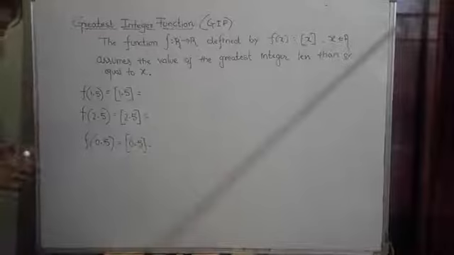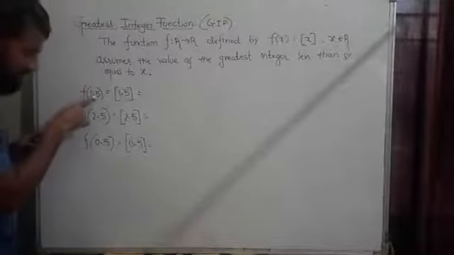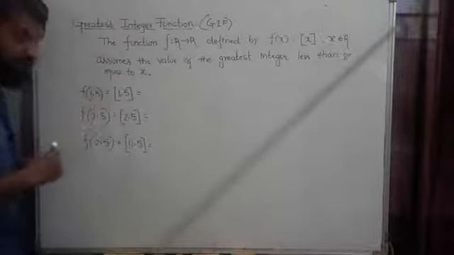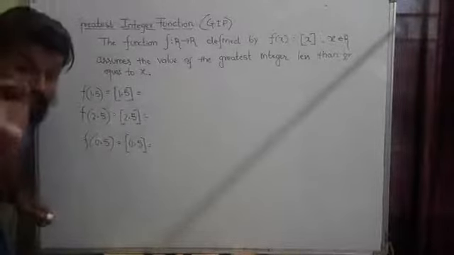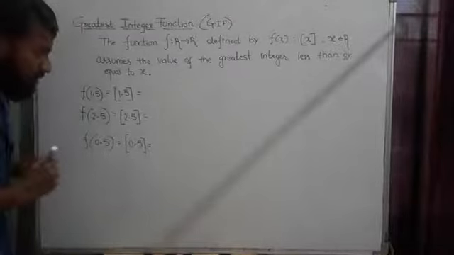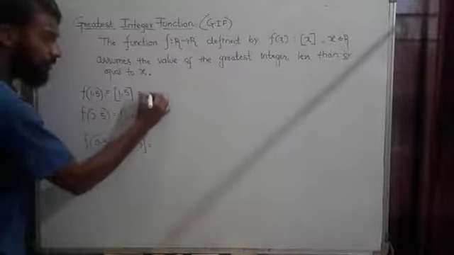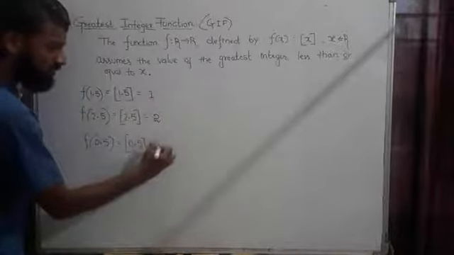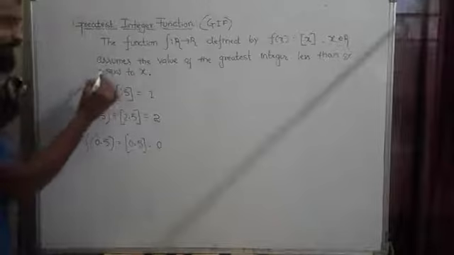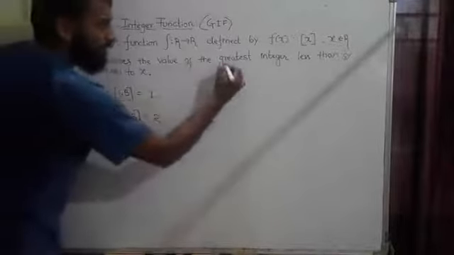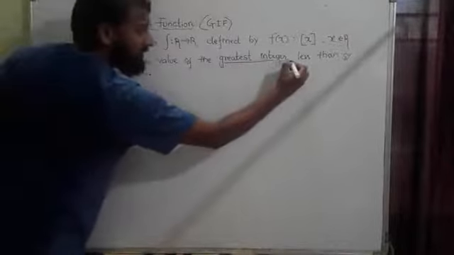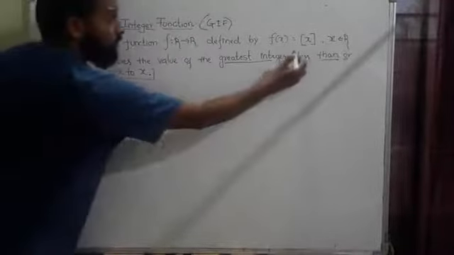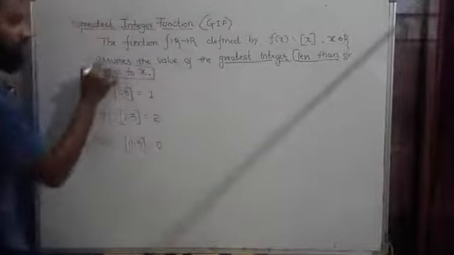Whenever we send decimal numbers to the greatest integer function, it will give us integers. How? Its answer will be 1, its answer will be 2, and its answer will be 0. So what they are saying is, it assumes the value of the greatest integer less than or equal to x. This is very important: less than or equal to x.